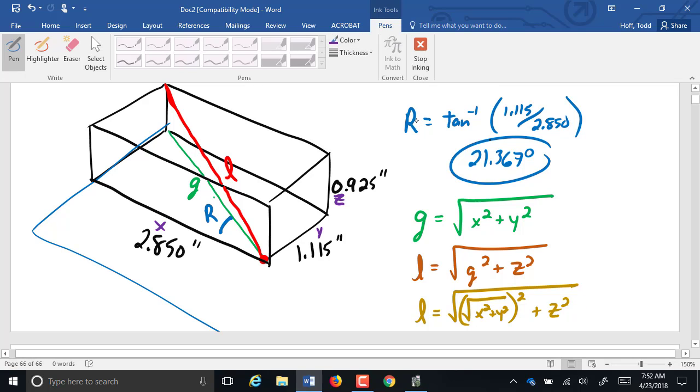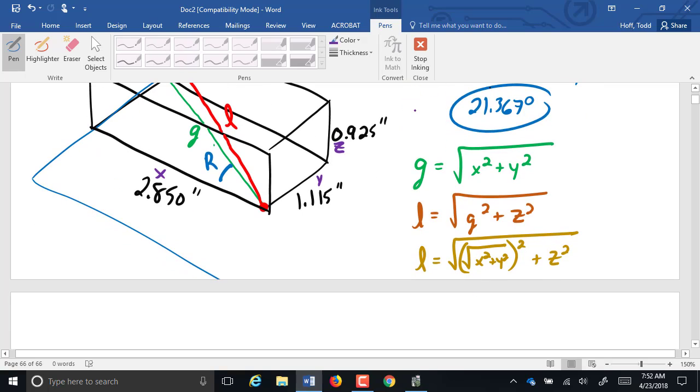Okay, I realize I just wrote a lot of nasty symbols up here, but what is the square root of x squared plus y squared, squared? Well, what happens to the squared and the square root? They cancel out. That just is x squared plus y squared. L is the square root of x squared plus y squared plus z squared.